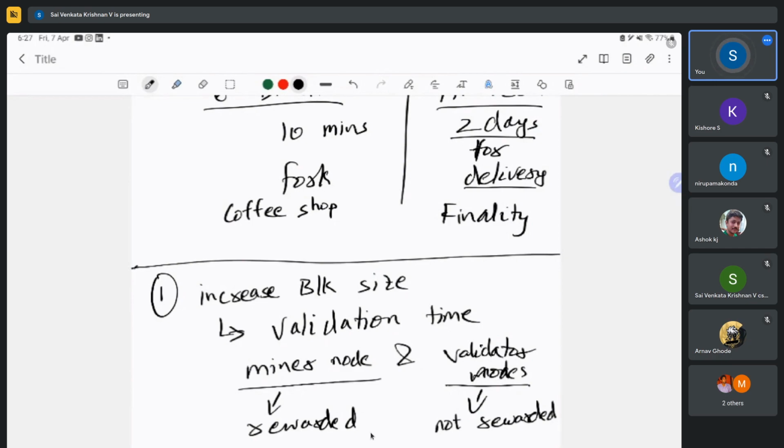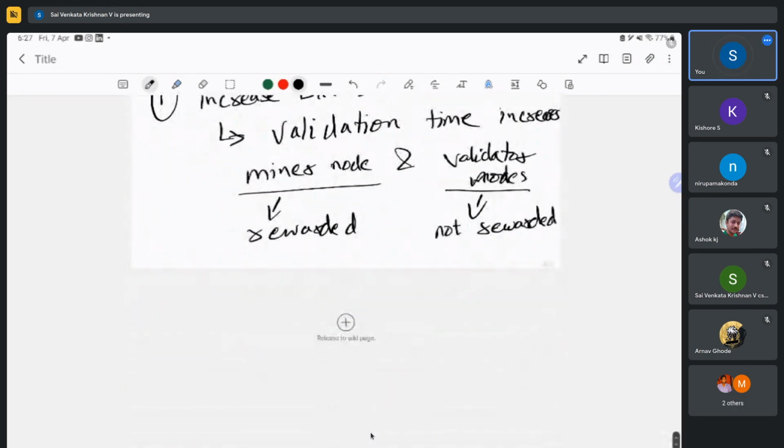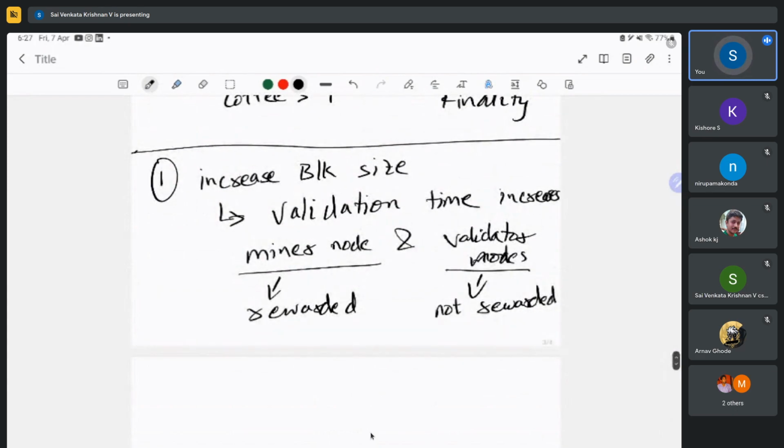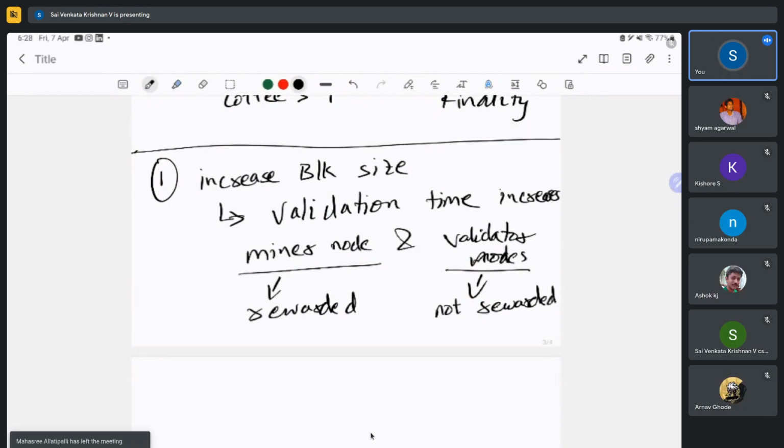But now, if we increase the block size, the time for validation increases, and the resources required for the validator nodes, the storage requirement and the time taken for validation, will increase proportionately. That would be a problem because some validator nodes are light nodes, which don't have much computational resources and just want to take part in the validation process.